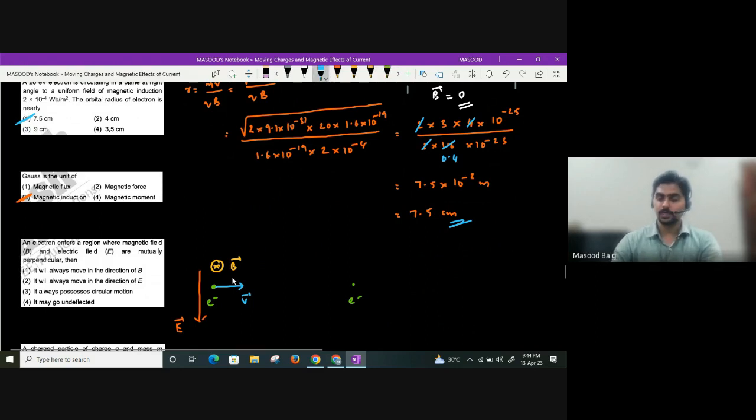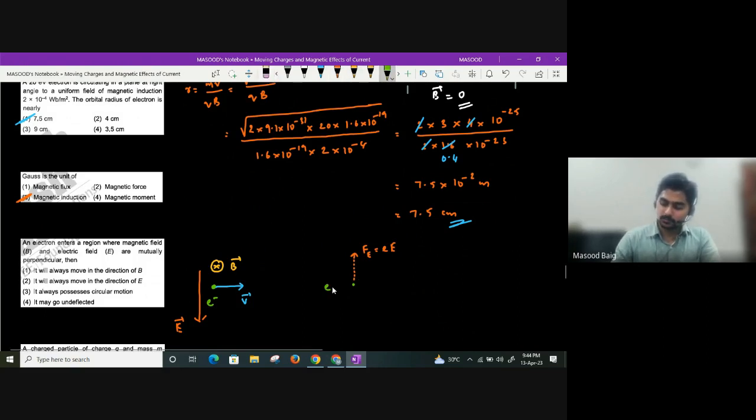If placed in an electric field, is it going to experience an electric force opposite to the direction of the electric field or not, beta? And if you do V cross B, velocity is along the x-axis, magnetic field is inwards. If you do V cross B, are we going in the upward direction? But because it is a negative charge, will it be thrown in the downward direction or not, guys?